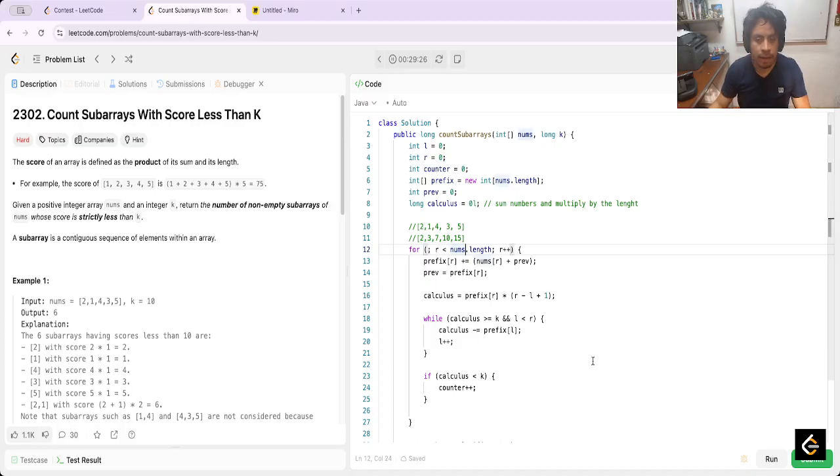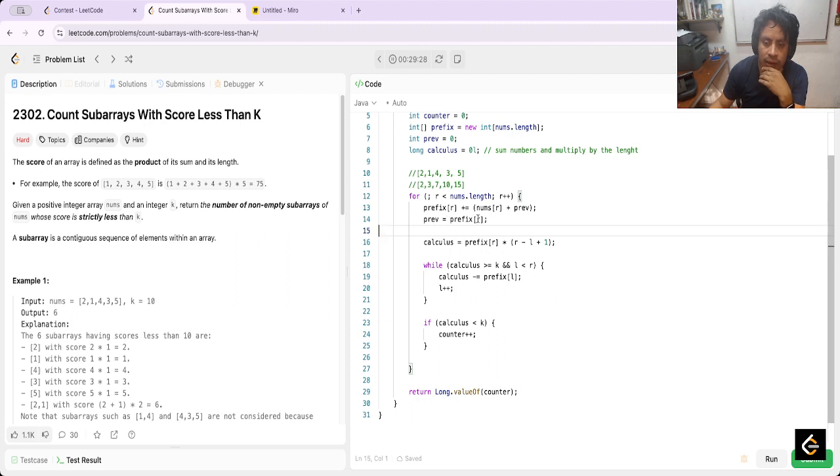Okay, sorry. Now the prefix is right, but I think that here, when it's greater, for example in this case, until this point the calculus is greater.